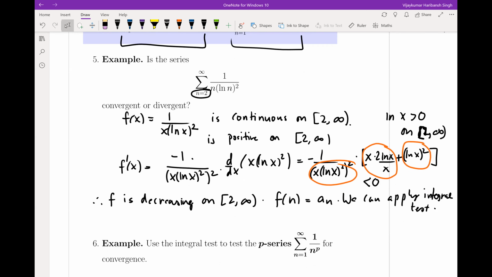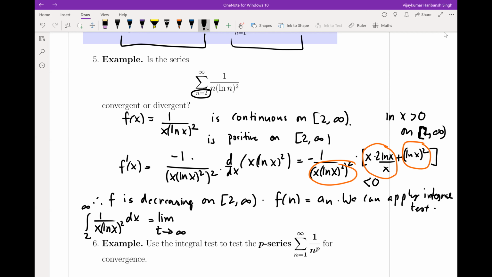So what is the integral from 2 to infinity of 1 by x ln x squared dx? So this is going to be the limit as t goes to infinity. Now what is the integral of this?